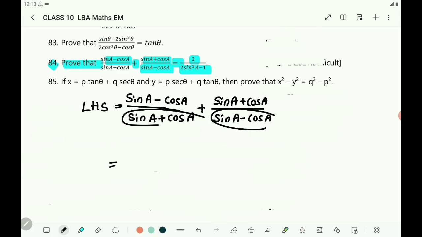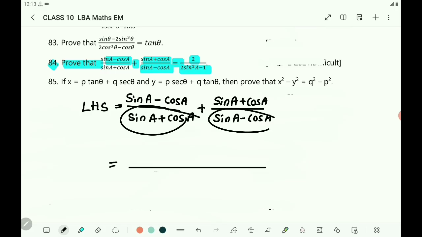The LCM becomes the product of these two, sin A plus cos A into sin A minus cos A. In the denominator, write the LCM. The LCM becomes the product of these two.